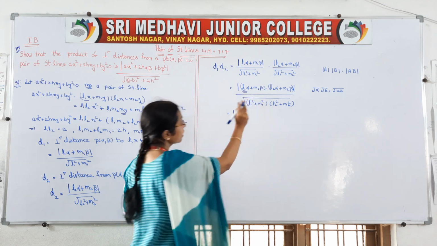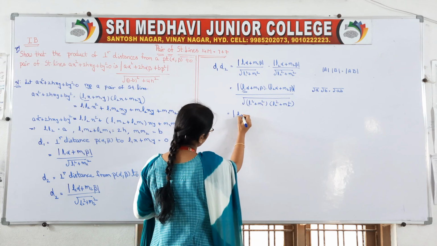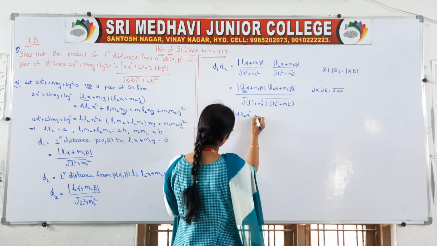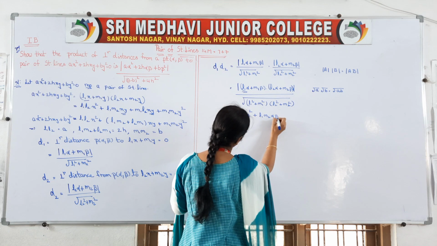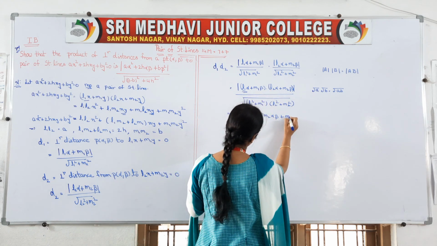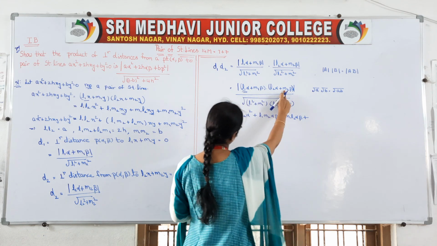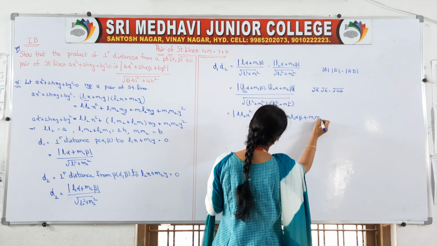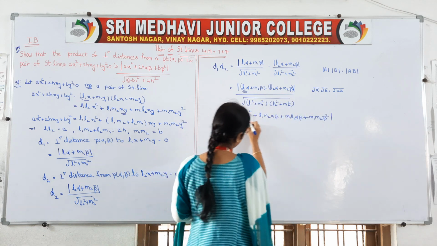First with L1 alpha, multiply these two values. So L1 L2 alpha into alpha, alpha square, plus L1 M2 alpha beta. Next, M1 L2 alpha beta, plus the last one, M1 M2 beta into beta, beta square, and the modulus is there.